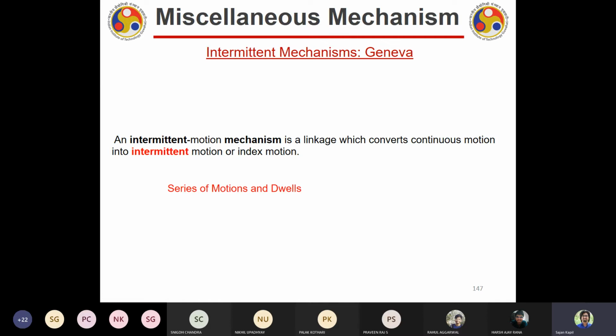Where are these types of mechanisms required? Can you tell me? Wristwatch, clocks. Okay, one is wristwatch. Anyone else, other than wristwatch?